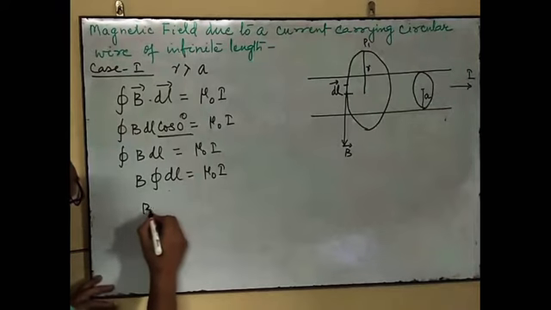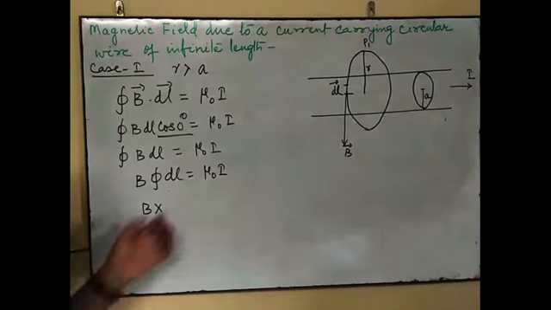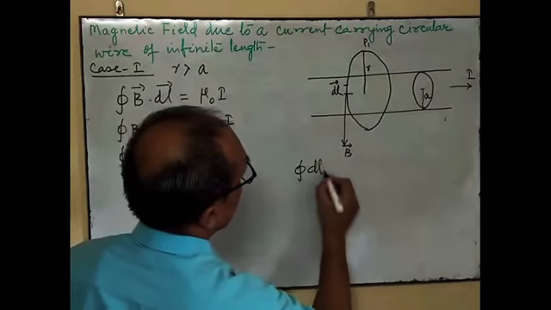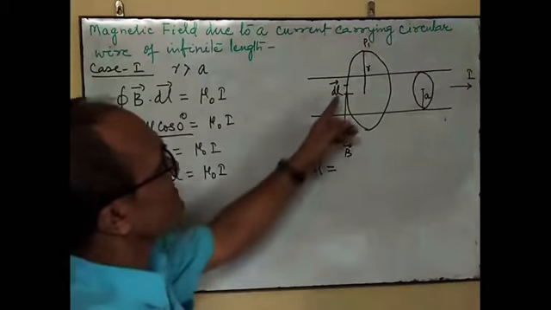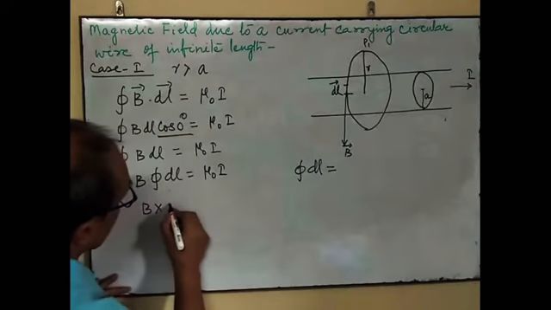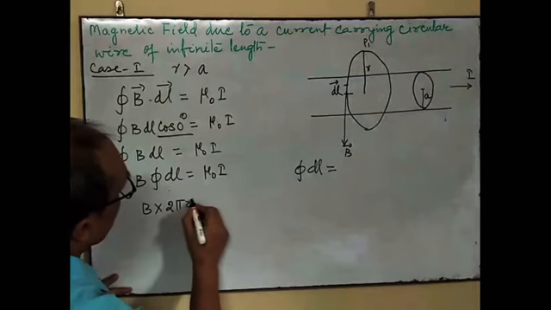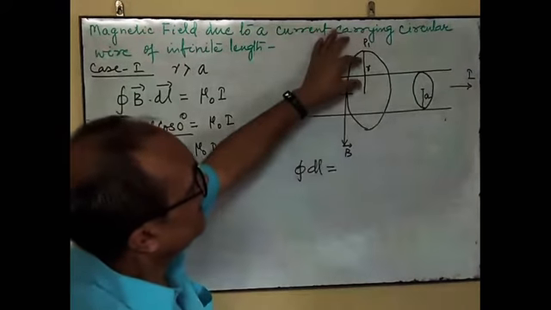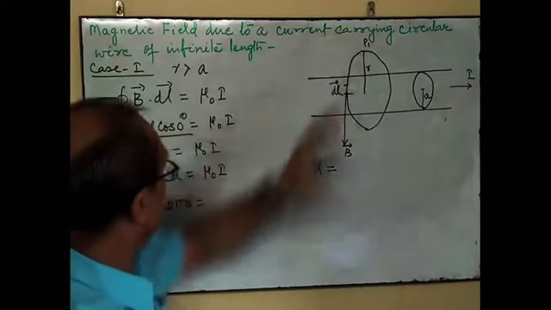So B into integration of dl, this is equal to the circumference, that will be 2 pi r, because it is r distance away from the center.